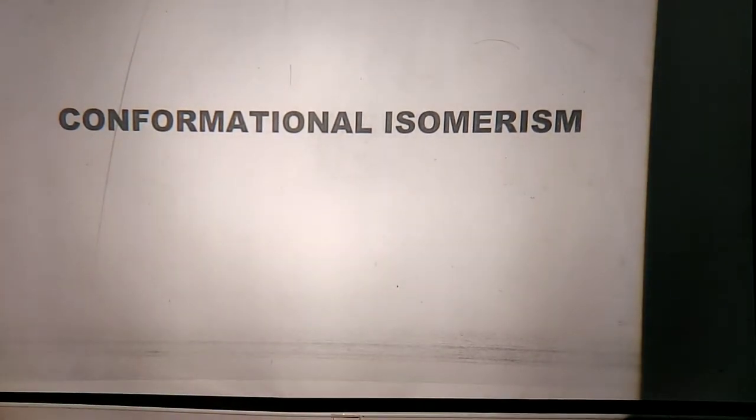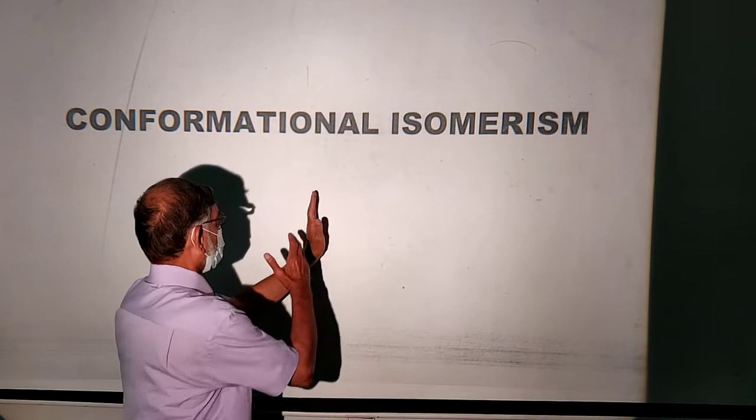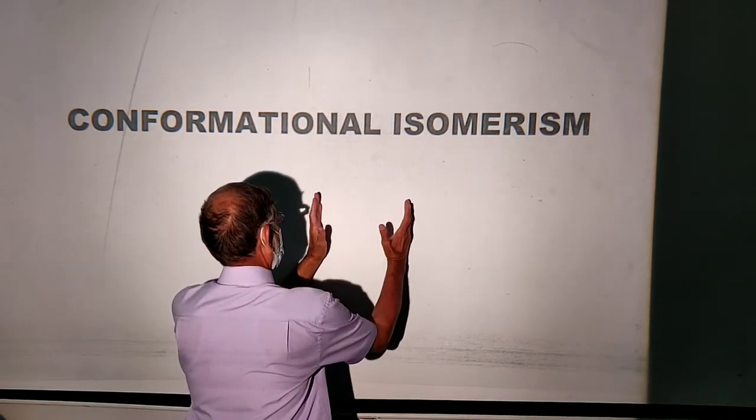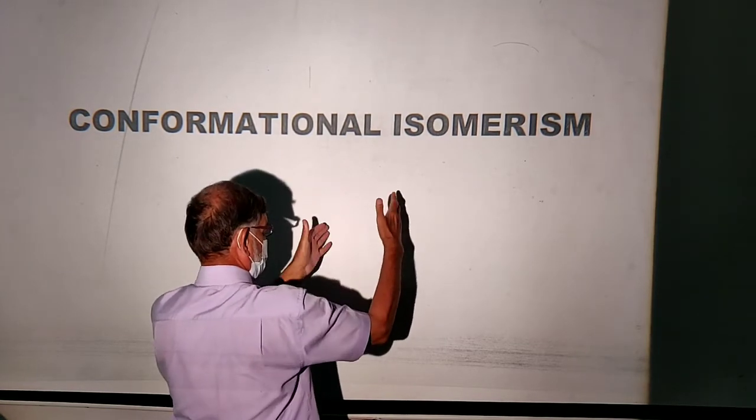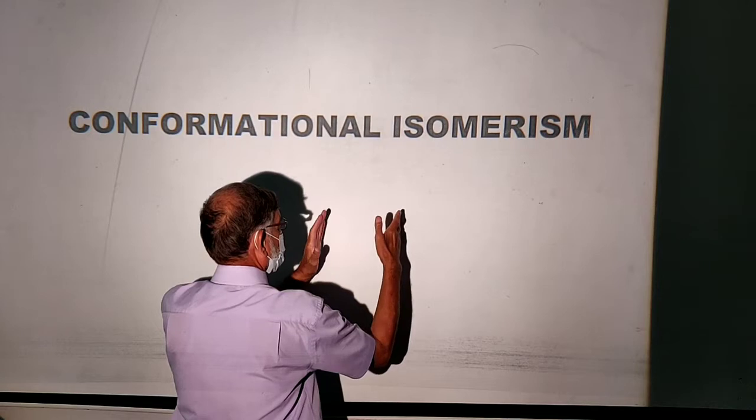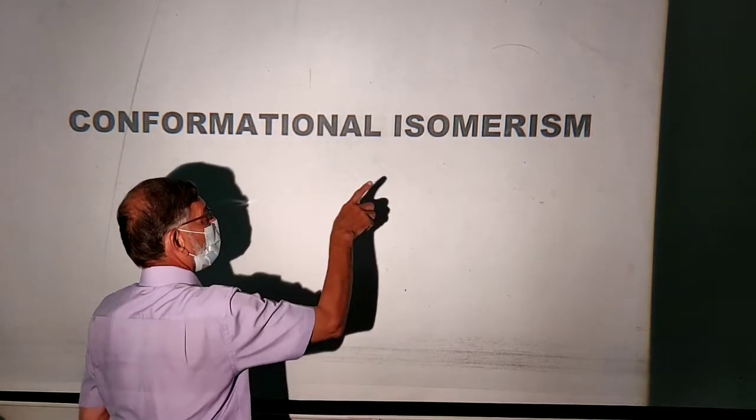called conformational isomerism. So conformational isomerism means this is the isomerism which is formed by rotation along the carbon-carbon bond. Look, if this is one carbon and this is another carbon, and the molecule is rotating in this way, like this, this would specifically be presented as conformational isomerism, and today our topic of the talk is particularly conformational isomerism.